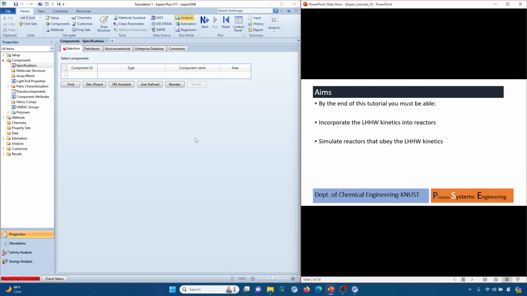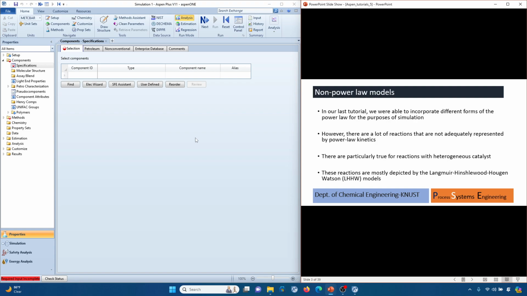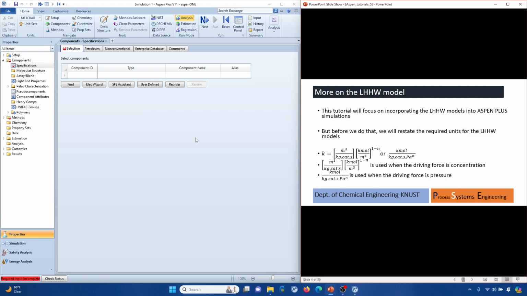Not all reacting systems are well represented by power law kinetics, and some are more complicated, especially when you have a heterogeneous catalyst in the reactor. Those kinds of reactions are normally better represented using the Langmuir model, so we'll see how to model those in Aspen Plus as well.